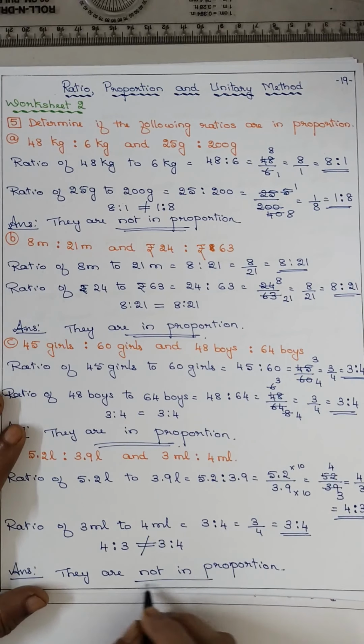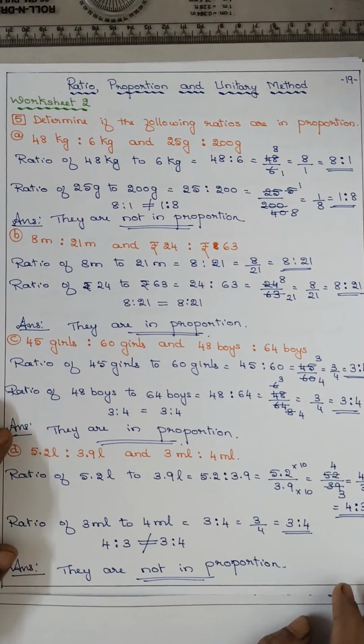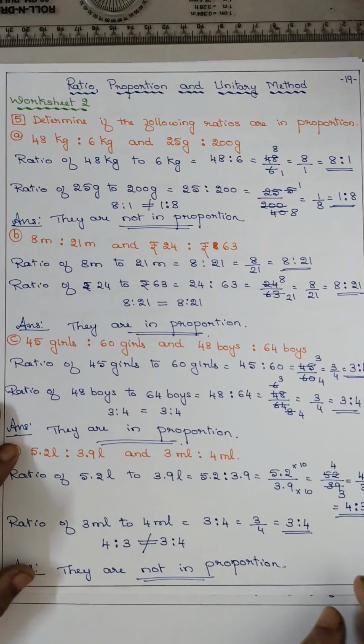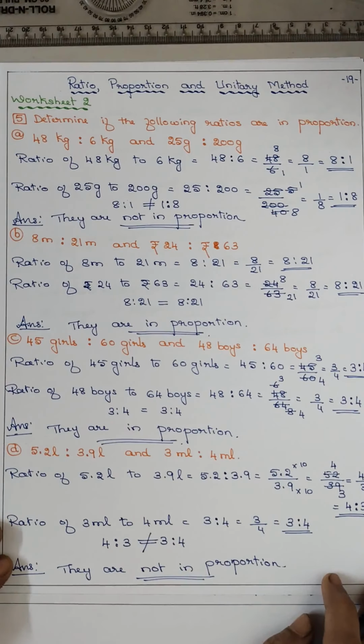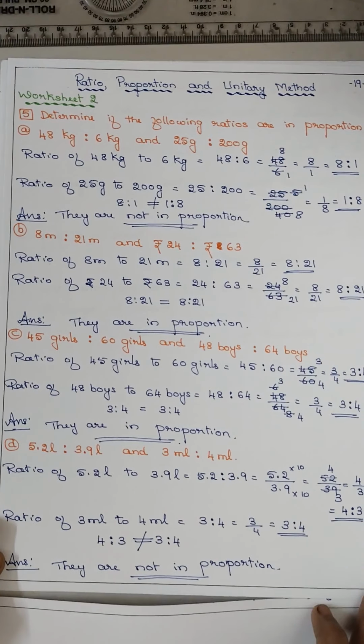So find the ratio of the first two and find the ratio of the third and fourth and see whether both the ratios are equal or not.